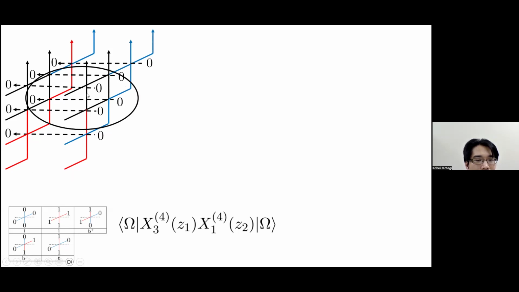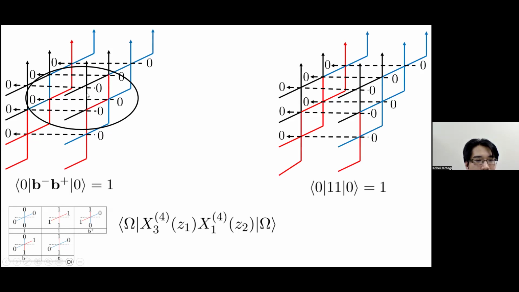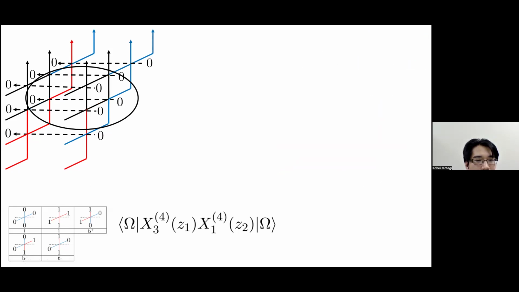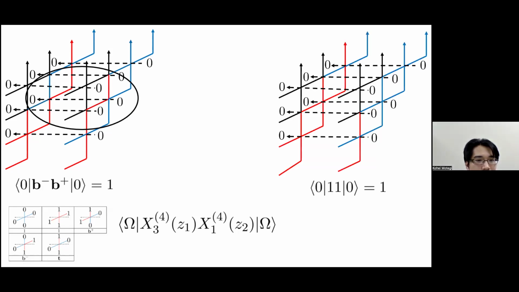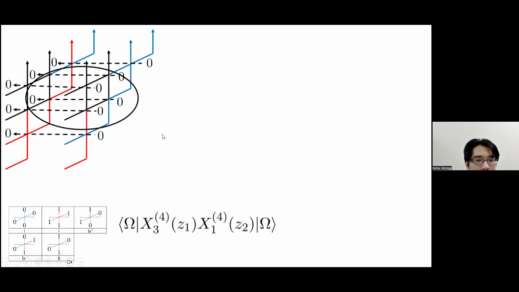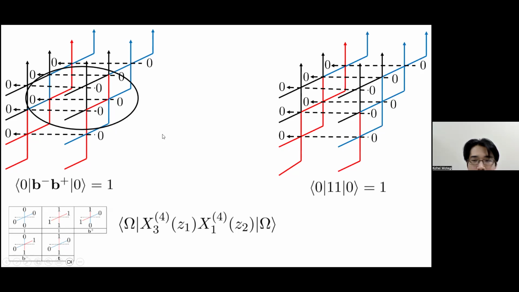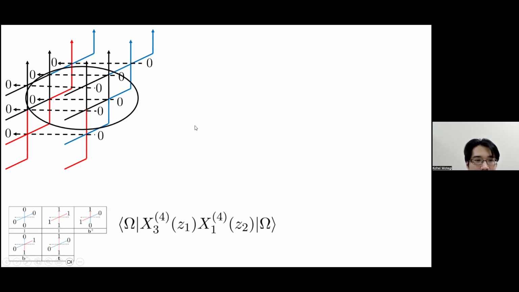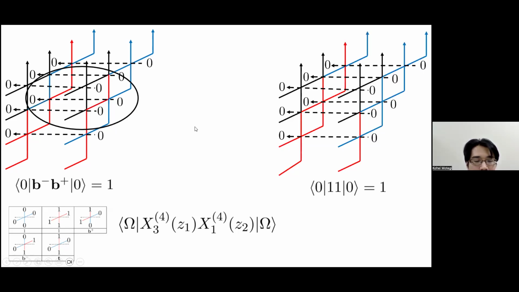And then if you look at this part, there are two choices: either a creation operator and annihilation operator here, or an identity operator here. So you have two choices here.